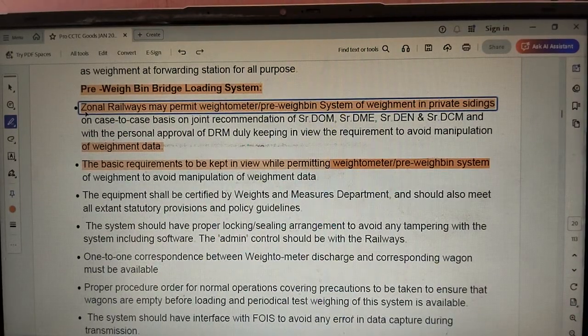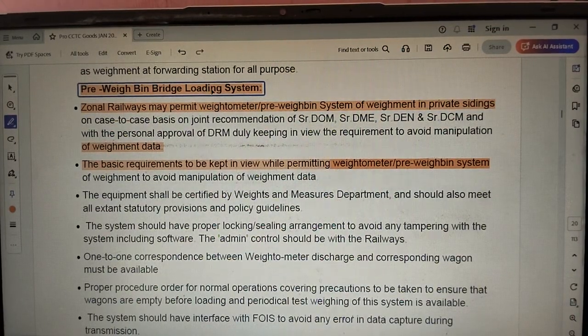So this is the pre-weighment bridge loading system.